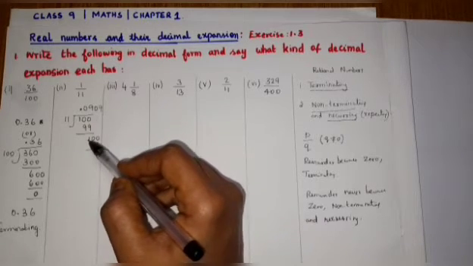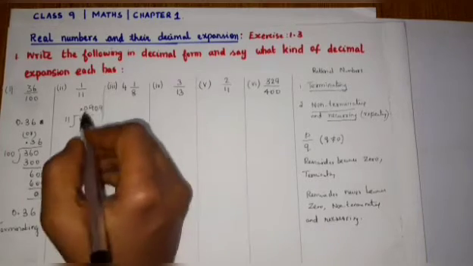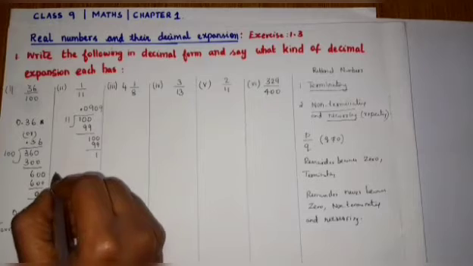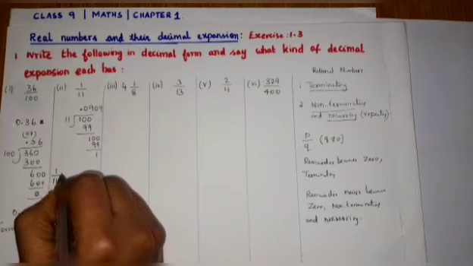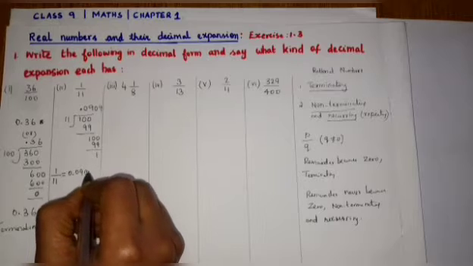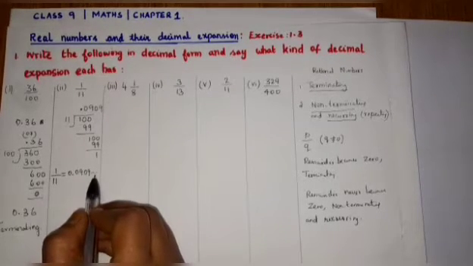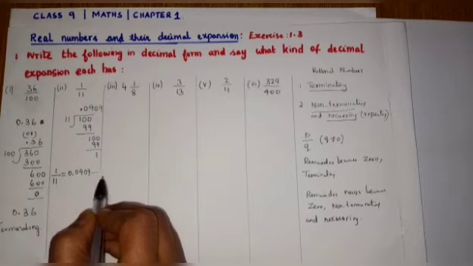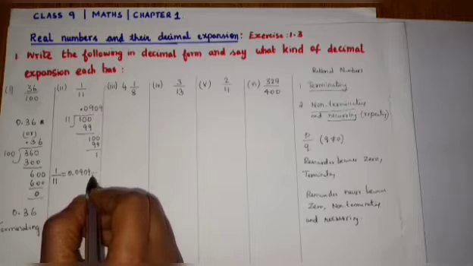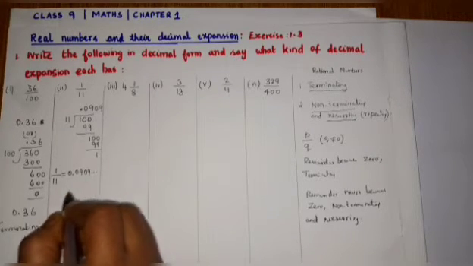So here the remainder never becomes 0, and this block 09 repeats. Therefore 1 by 11 is nothing but 0.0909 and so on. It will not end; the quotient will go on.